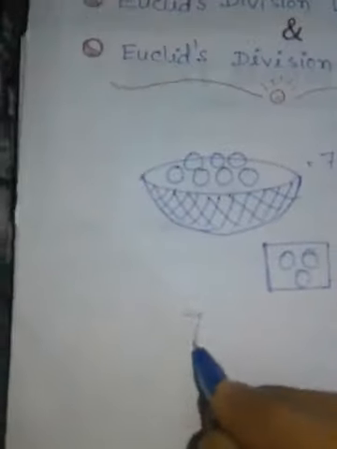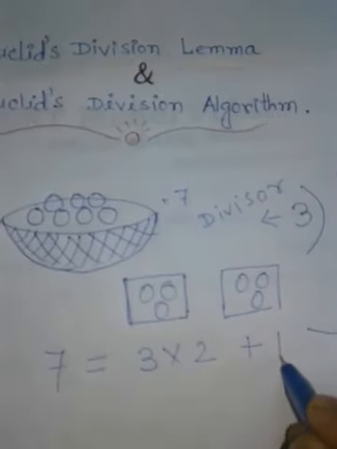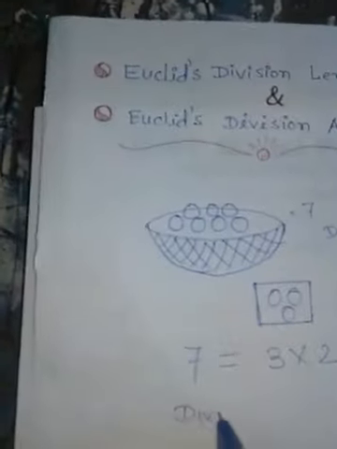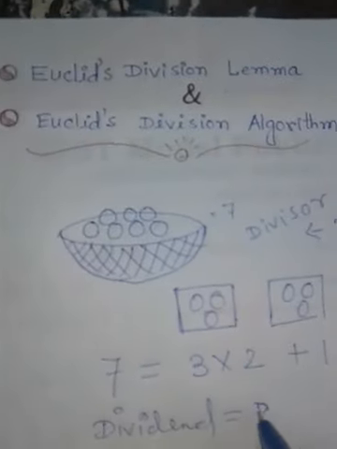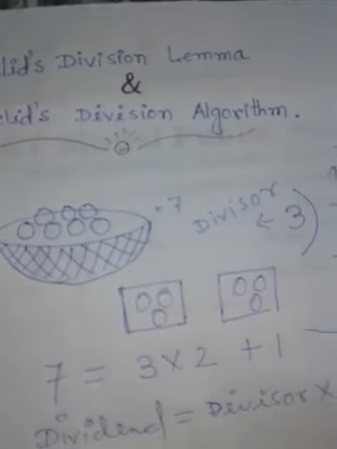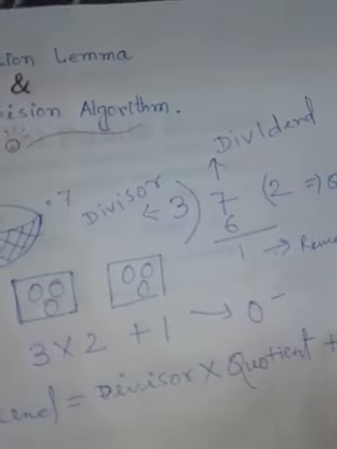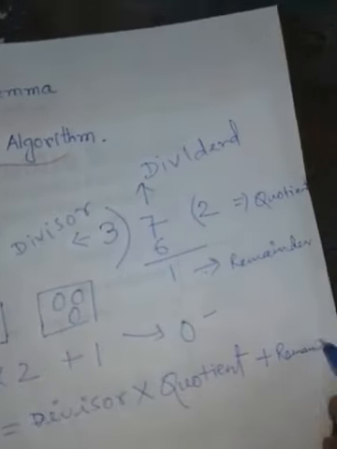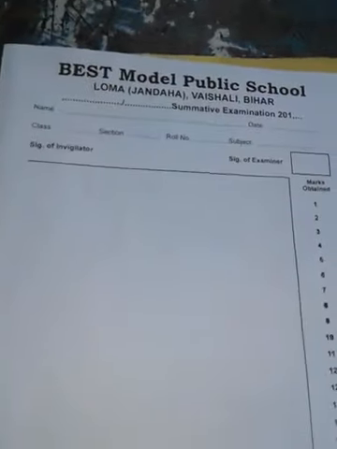So we can express 7 as 3 into 2 plus 1. That means dividend equals divisor into quotient plus remainder.